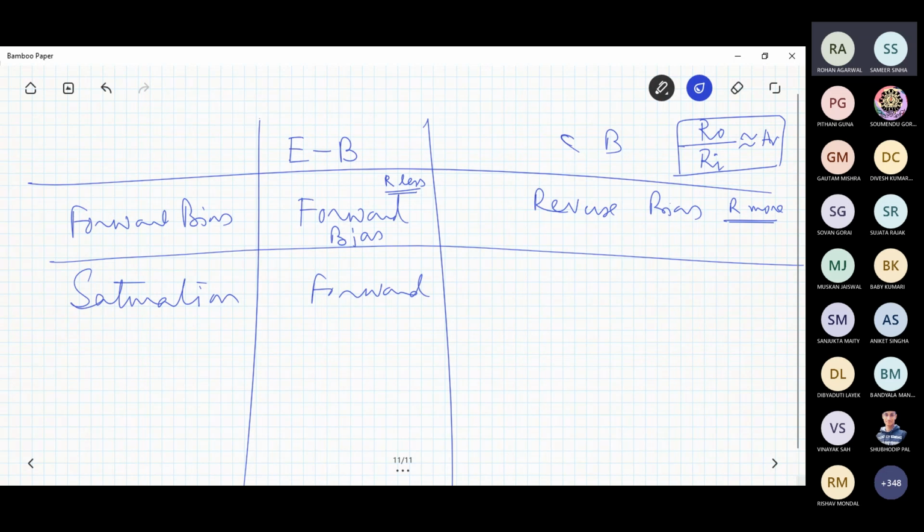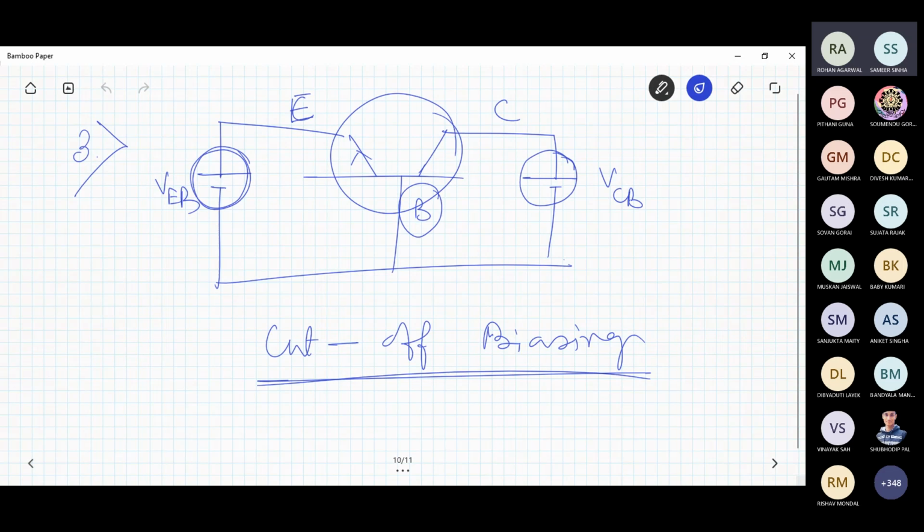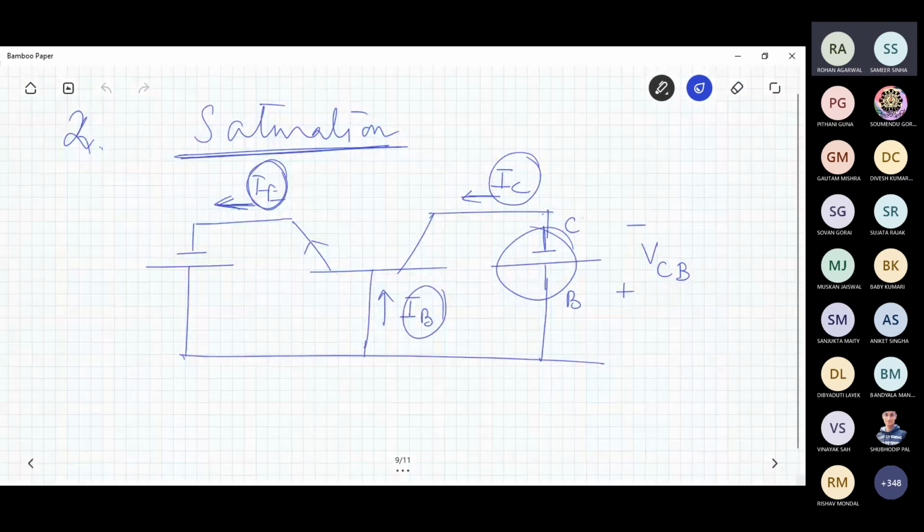When both are forward biased, you understand, collector to base: what is the collector? Collector is N type, and base is P type. What happens when an NP junction is forward biased? You have to generate these forward bias conditions.